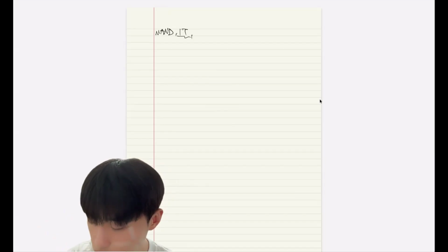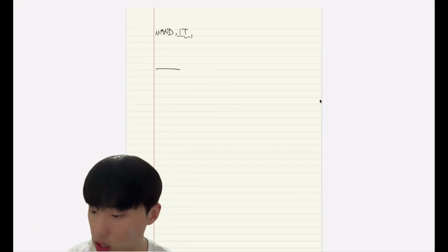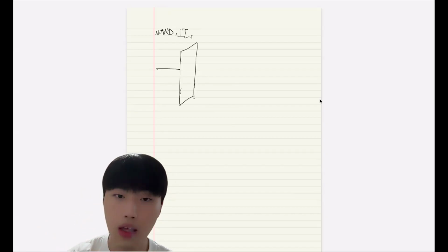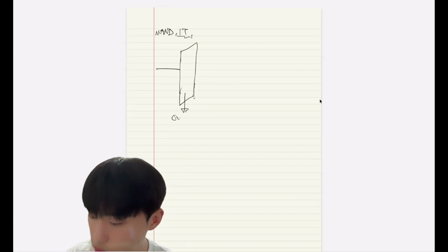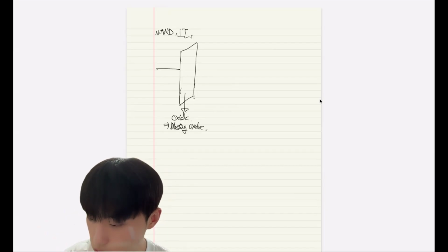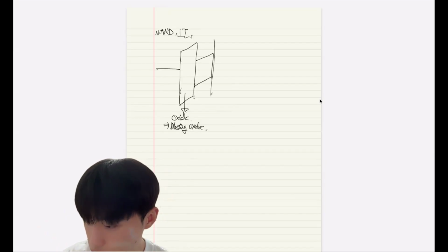So this will be the metal side, and this will be the oxide, which we call the blocking oxide. Here we use some kind of insulator, another kind of oxide.